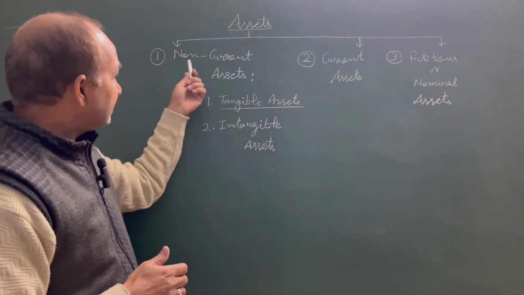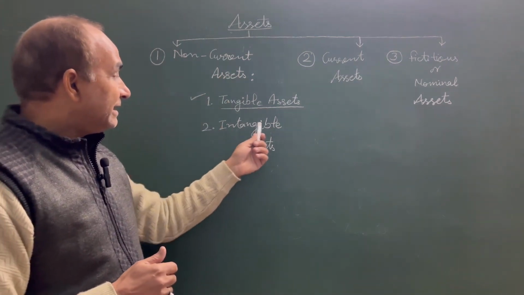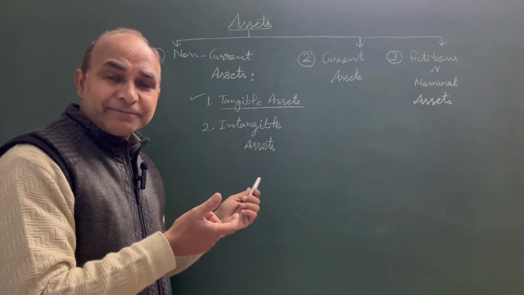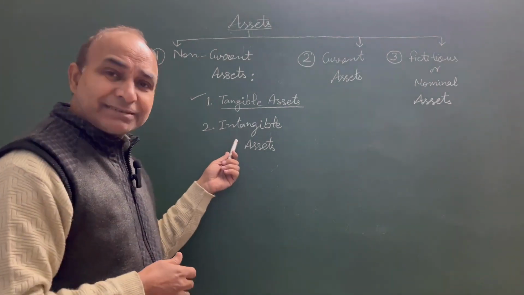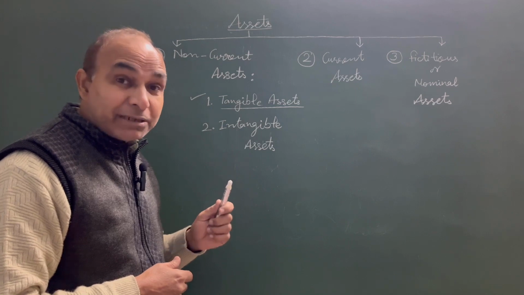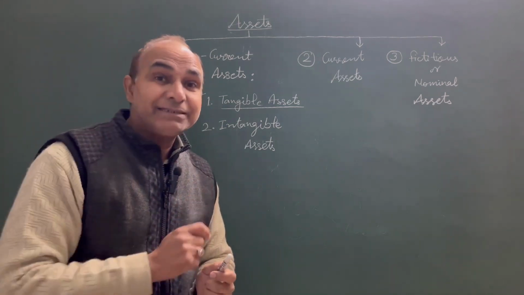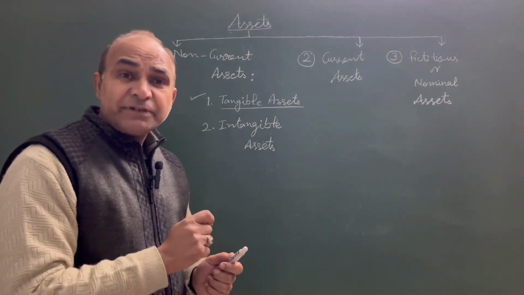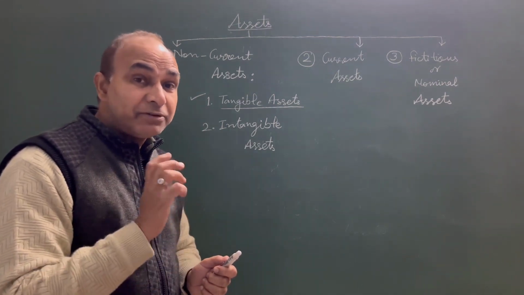Second type under non-current assets is intangible assets. Intangible means which is not visible. The assets which we can't see, we can't touch, but these are valuable assets, and they also provide benefit to the business for a long period of time.